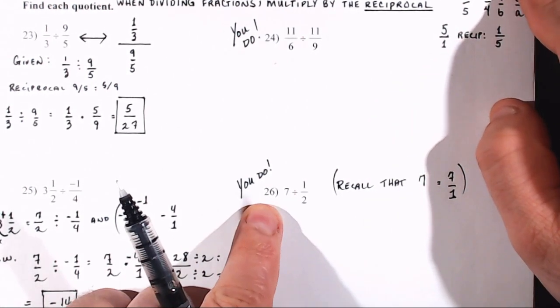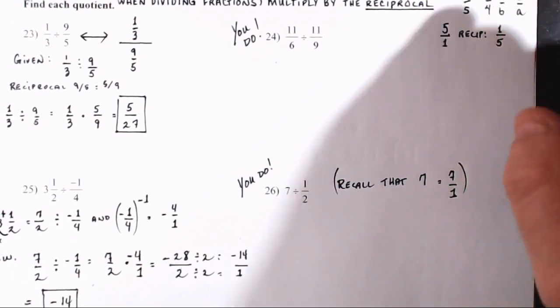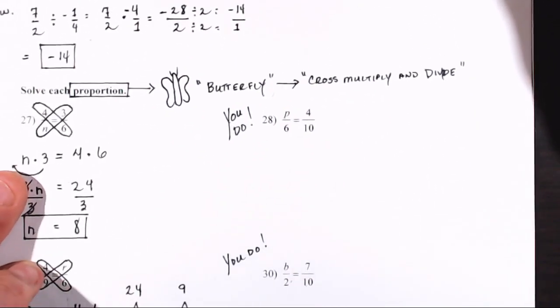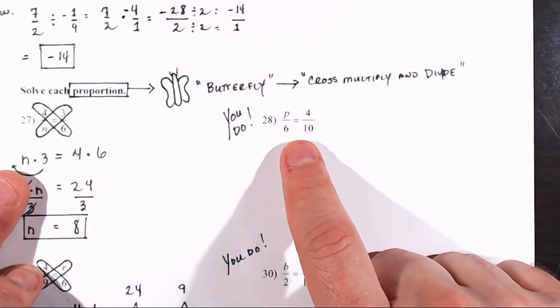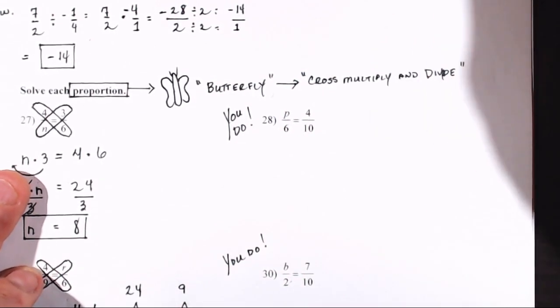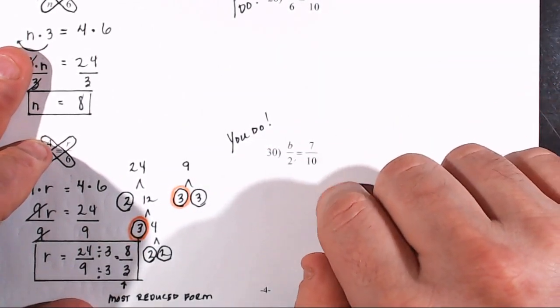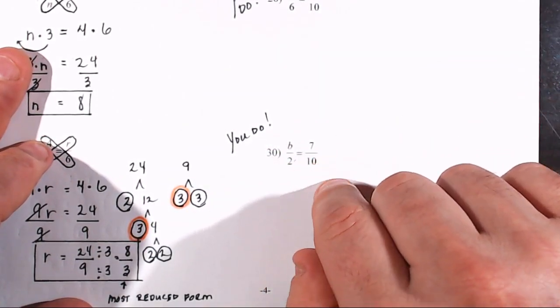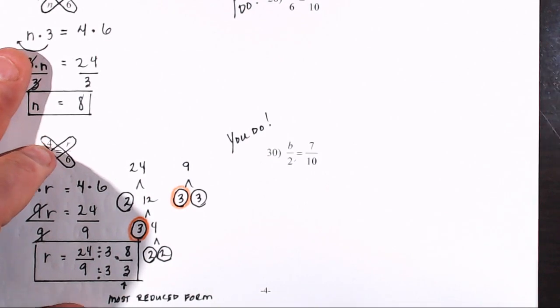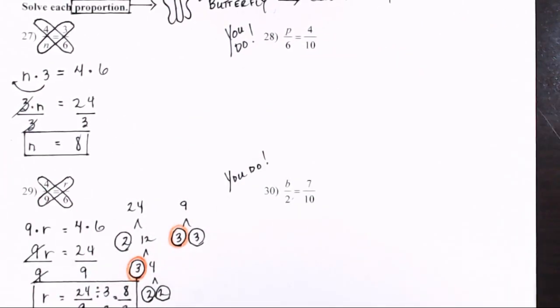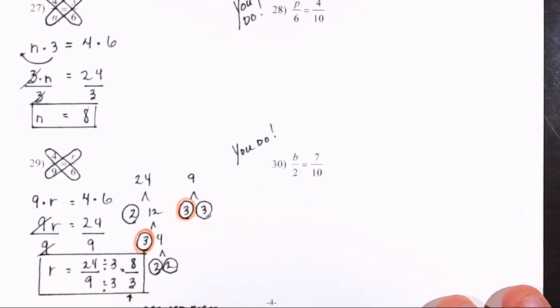You do 26, 7 divided by 1/2, remembering that 7 is 7 over 1. And then cross multiply and divide, butterfly, number 28, p over 6 equals 4/10. And cross multiply and divide, butterfly, b over 2 equals 7/10. And remember, on these proportions, you have to give your solution in the most reduced form.